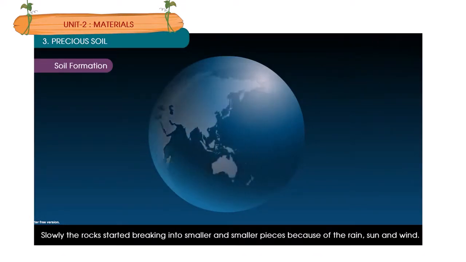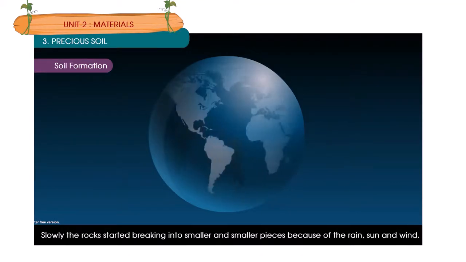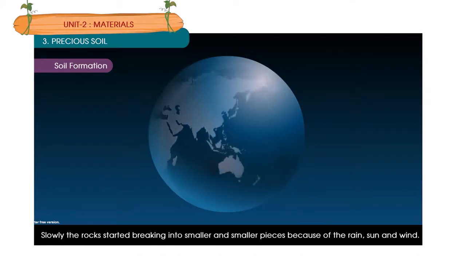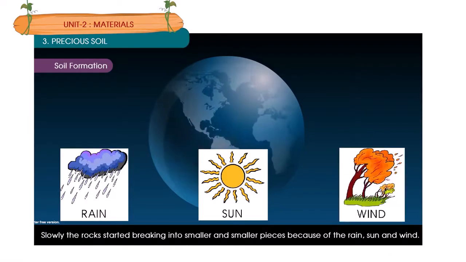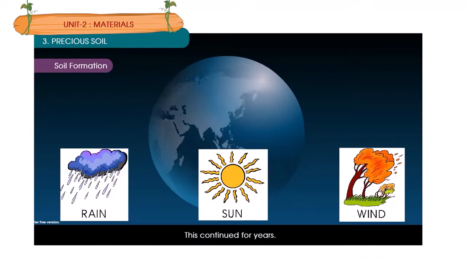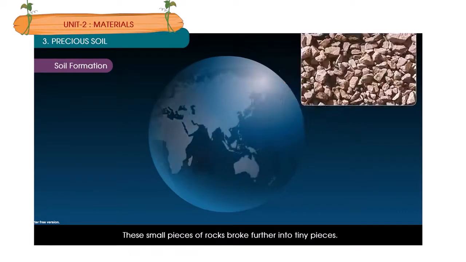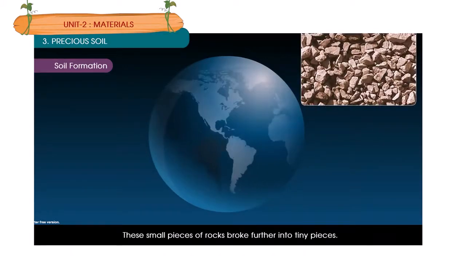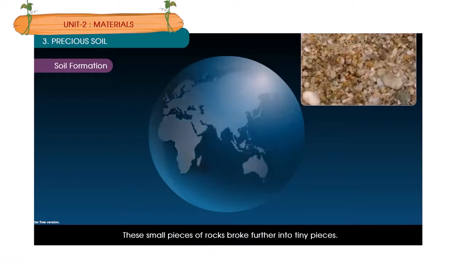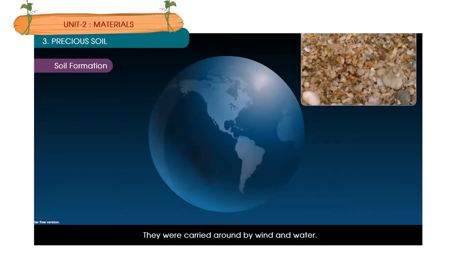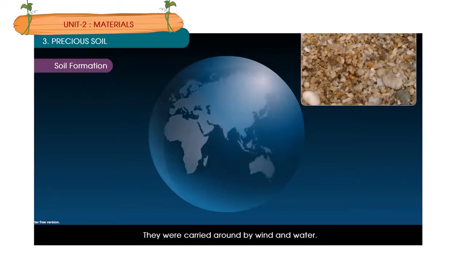Slowly, the rock started breaking into smaller and smaller pieces because of the rain, sun, and wind. This continued for years. These small pieces of rocks broke further into tiny pieces. They were carried around by wind and water.